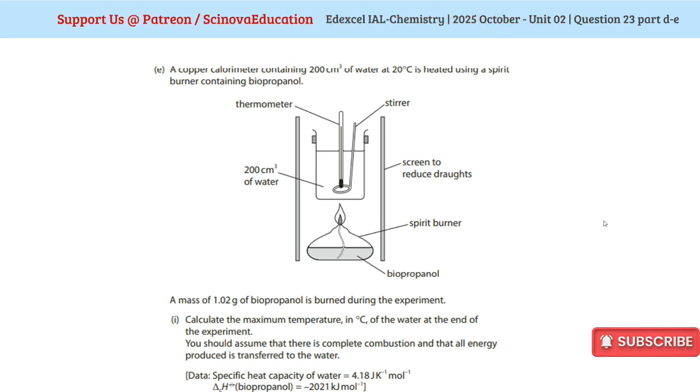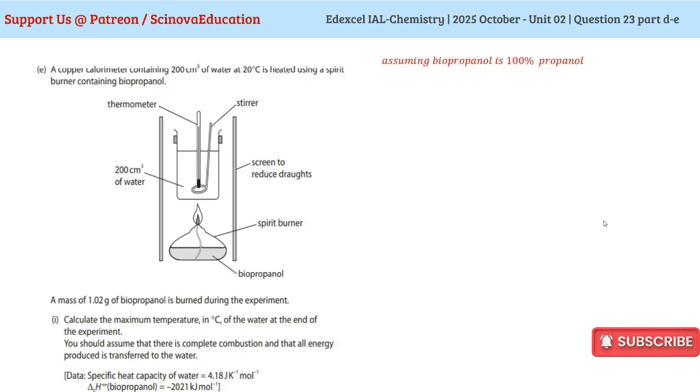And delta H of combustion of biopropanol is given, and assuming that biopropanol is 100% propanol, we can start our calculation because we need to know the molar mass value which can represent biopropanol. So for that, I am going to use the molar mass value of propanol by assuming biopropanol is completely propanol.